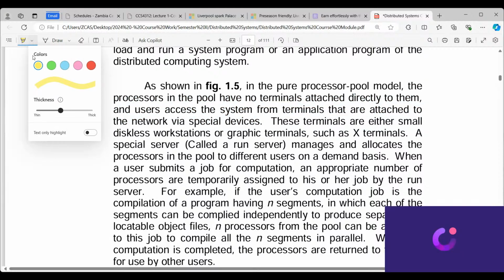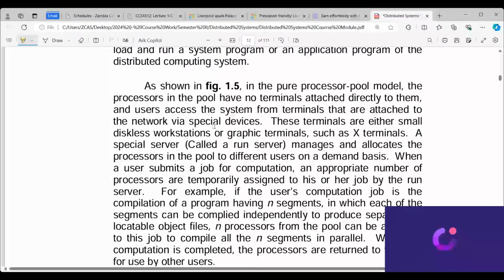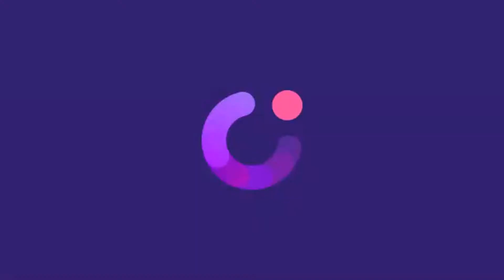These terminals are either small diskless workstations or graphic terminals such as X terminals. A special server called a run server manages and allocates the processors in the pool to different users.